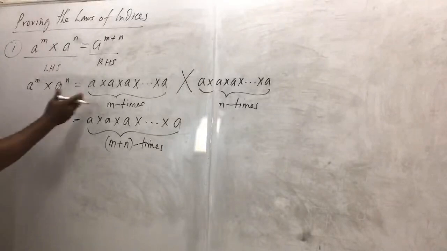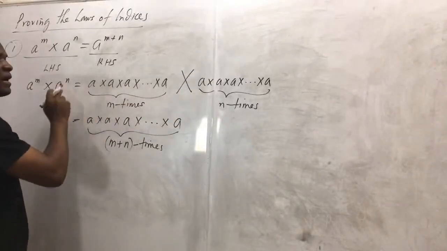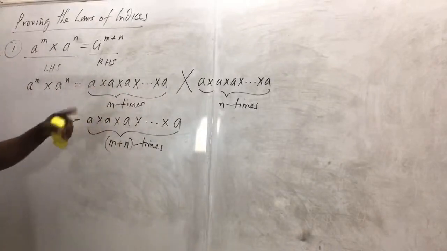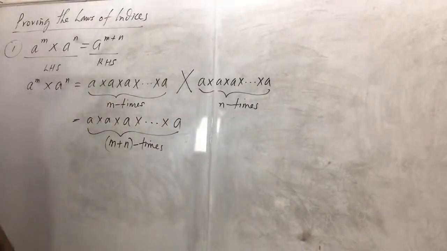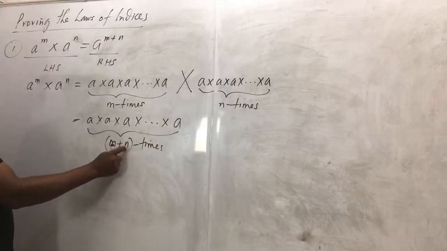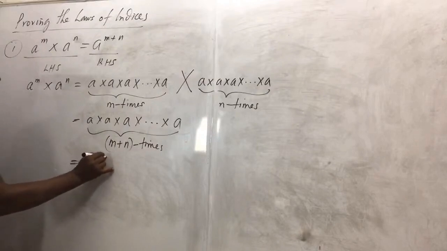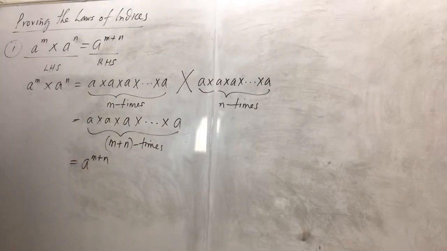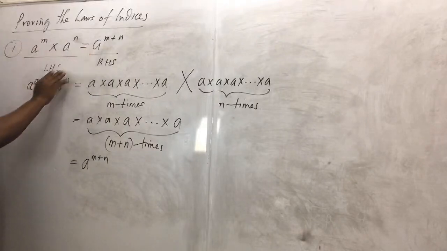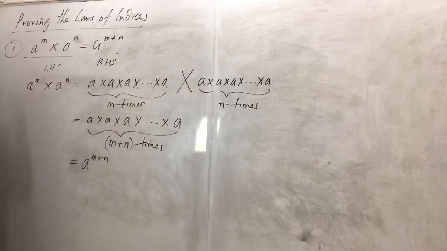That can be written in index notation as a raised to the power m plus n, and that completes the law. To prove the addition law entails using this expanded notation and simple logic.